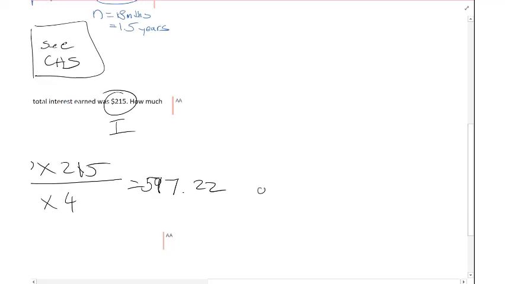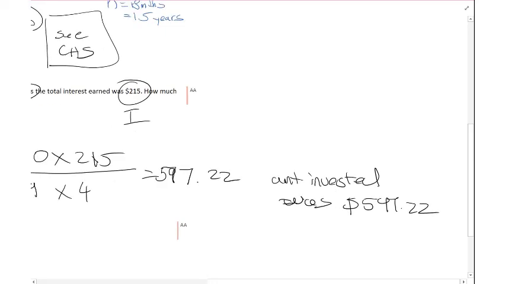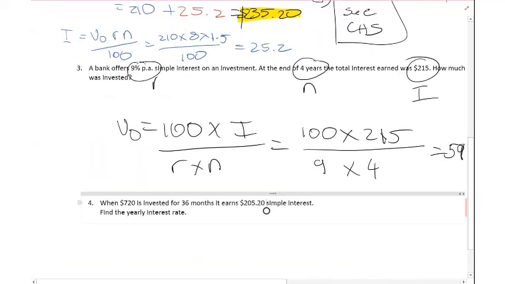So the amount invested was 597.22. So that's another example there.